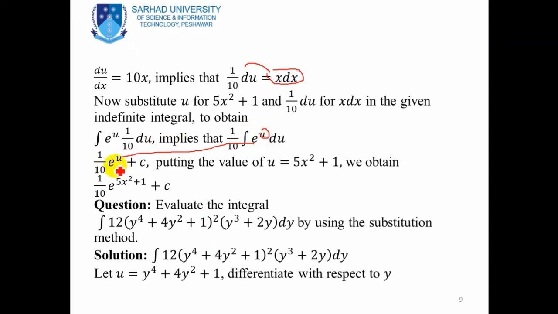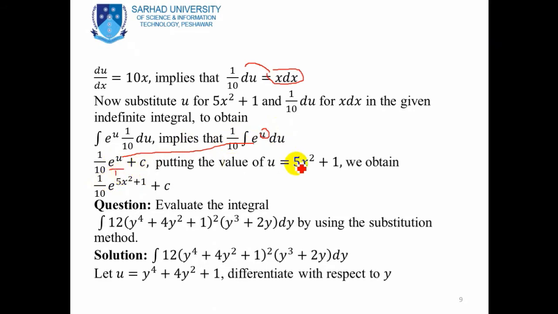When we get any term from the further derivative of the argument, we divide by that result in the denominator. But here the further derivative of the argument is 1 with respect to u, so we can write e power u divided by 1 plus c.